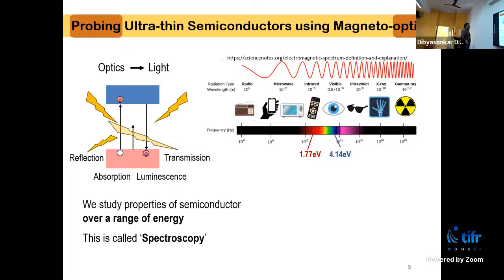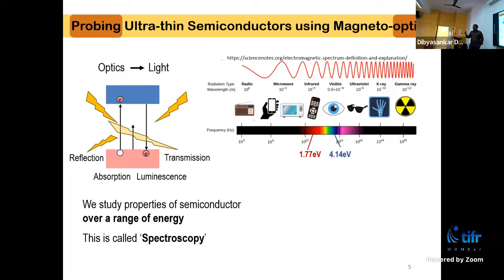But in our lab, what we do is scan with light. Say this gap is 0.7, then we scan 0.7, 0.71, 0.72 in energy. This process where you study a property of anything over an energy range is called spectroscopy. It's again just a fancy name.